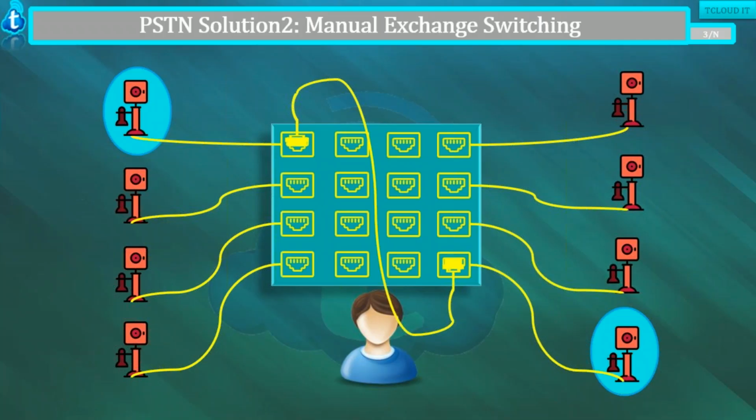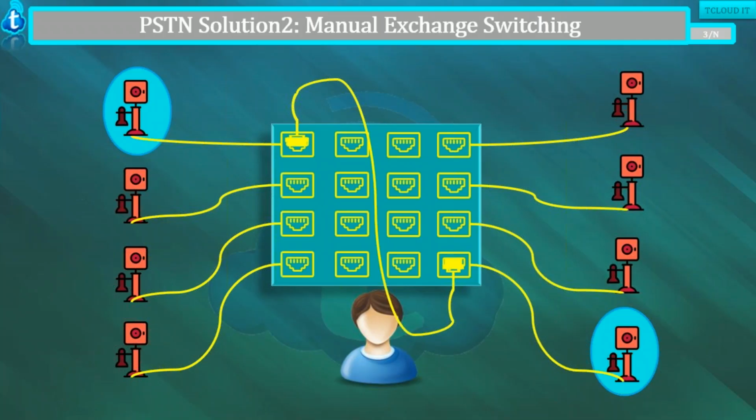So this is a better solution than the previous one. Instead of end user switching, you don't need to maintain thousands of wires. Even though there are thousands of devices, all of them get connected to the exchange ports, and there is an operator operating 24 by 7, making connections from one port to the other port.